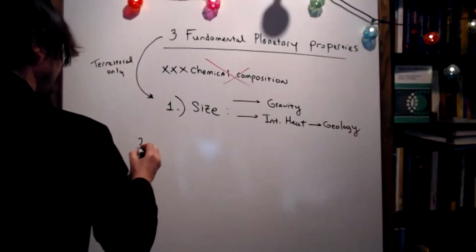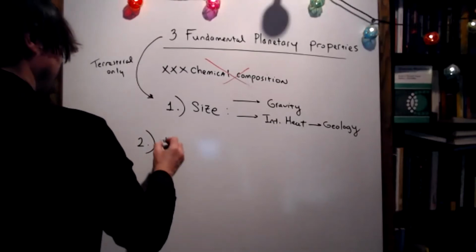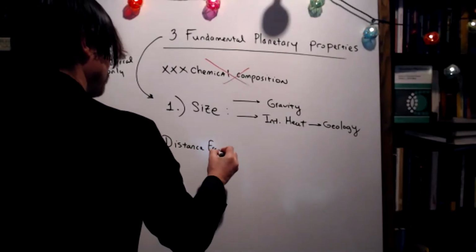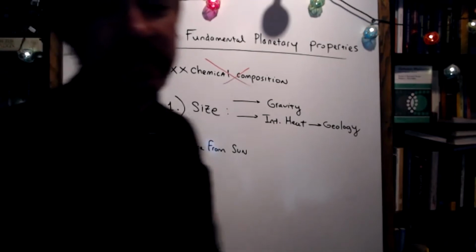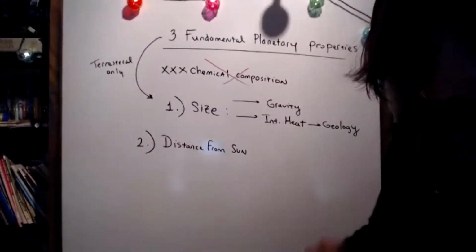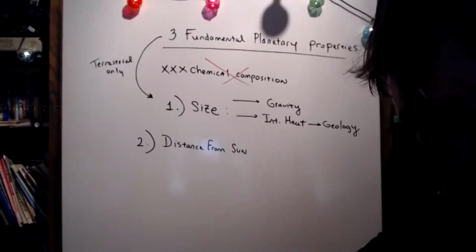Okay, what's the second thing? The second thing is your distance from the sun. What property of a planet does the distance from the sun affect? I don't want to say determine, I want to say affect. The external temperature.